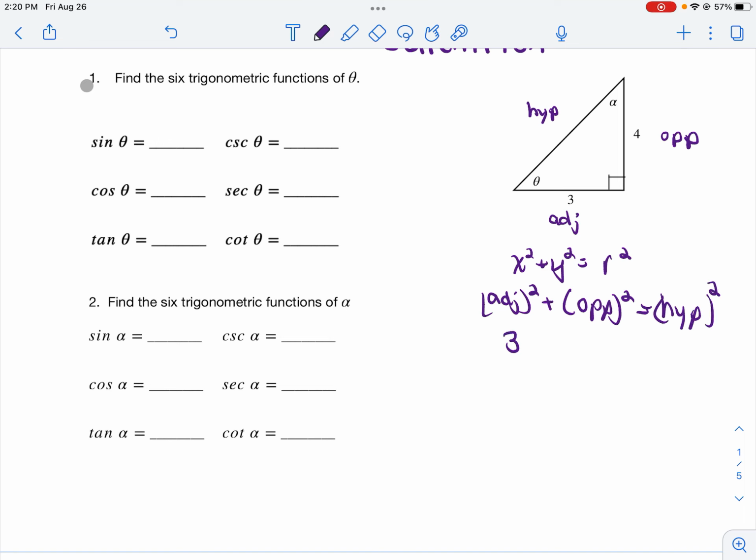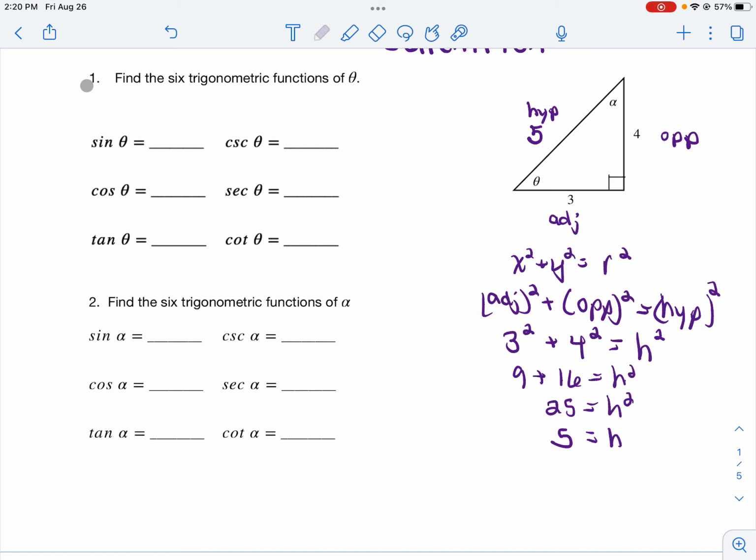Our adjacent side is 3, our opposite side is 4, and the hypotenuse is what I'm trying to figure out. So it gives us 9 plus 16 equals hypotenuse squared. That's 25. The square root of 25 is 5. So the length of our hypotenuse side is 5. So find sine. Remember, sine is equal to opposite.